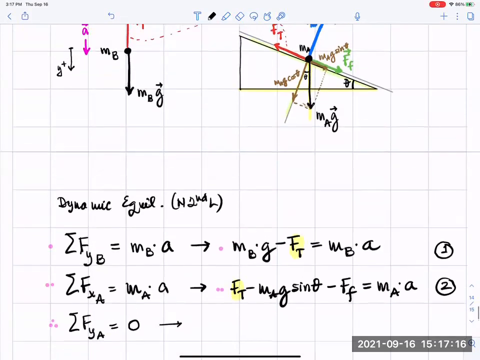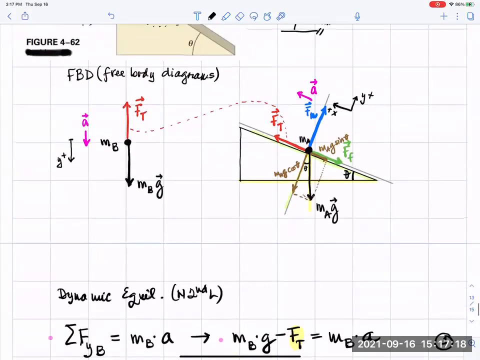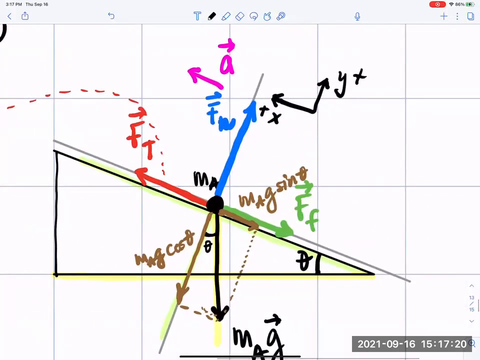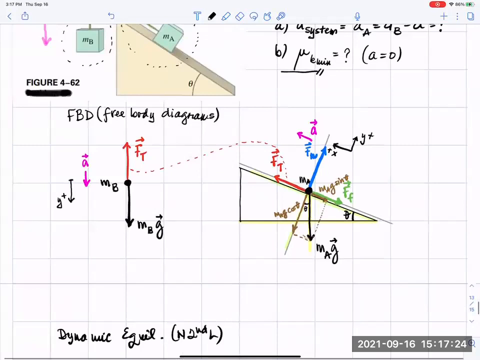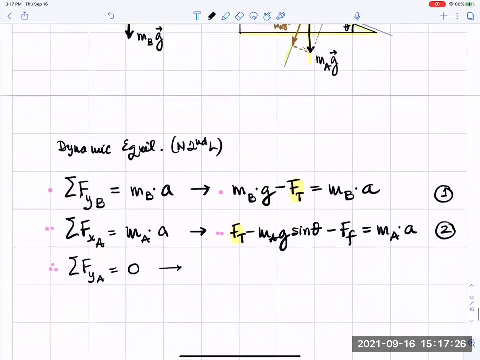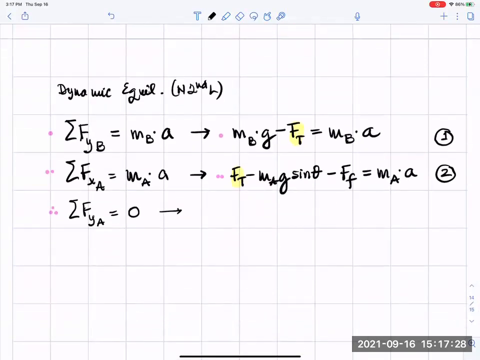Okay, so if we look, the only thing we have here going positive is the normal force. The other one is going negative, and the sum of them essentially will be equal to 0. So one is positive, so that is the normal force. The other one was negative, minus MA G cosine of theta, that is equal to 0. So that is equation 3. I'm going to put a 3 right next to it.